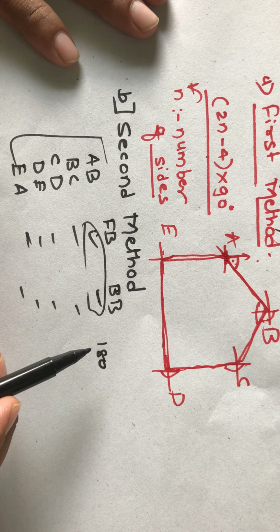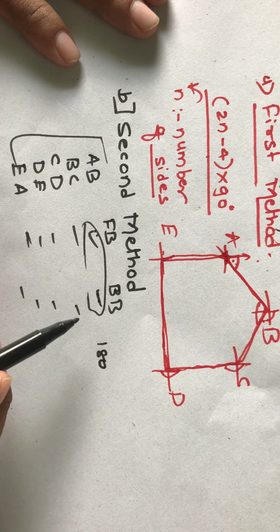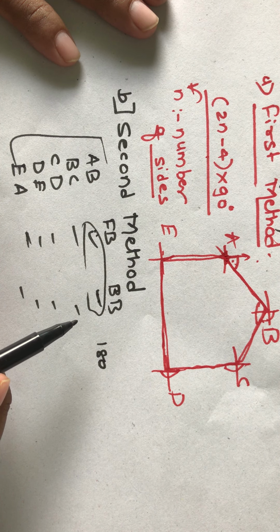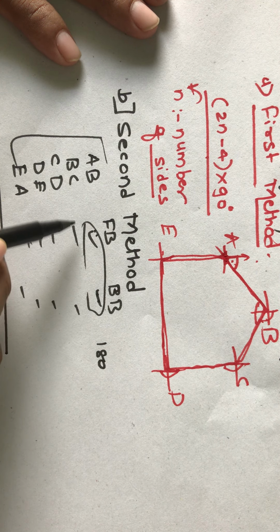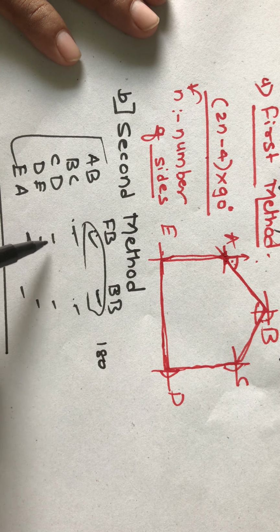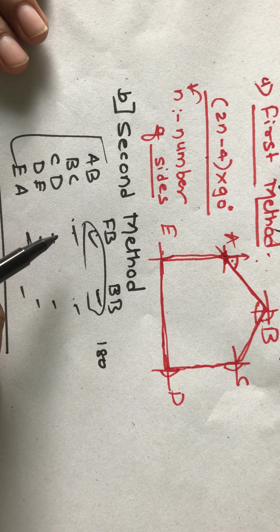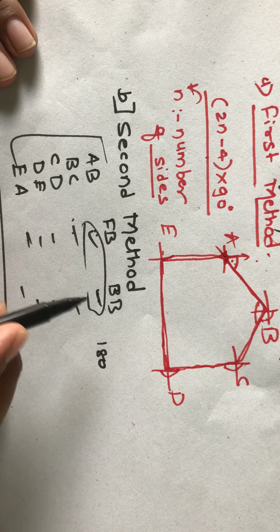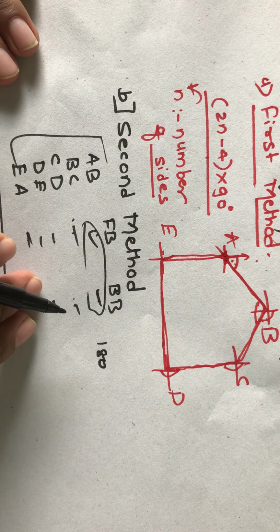Then, commencing from the unaffected line, the bearings of other affected lines are corrected by finding the amount of correction at each station. So this is a very easy method, and generally we adopt this one.